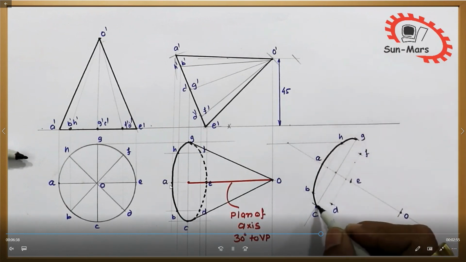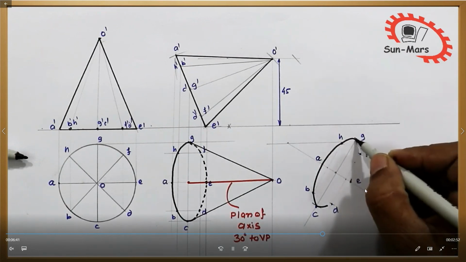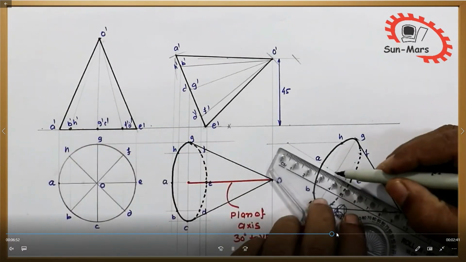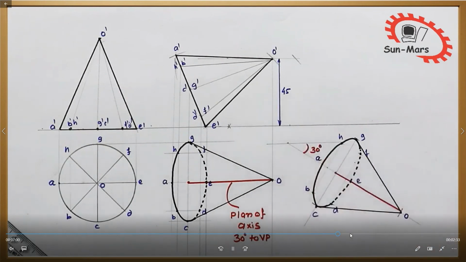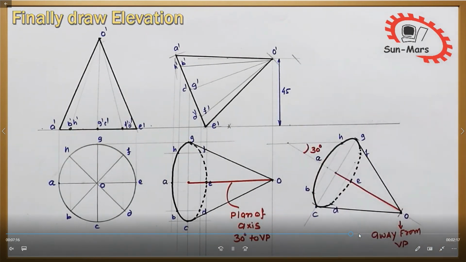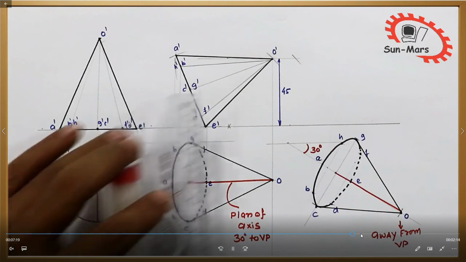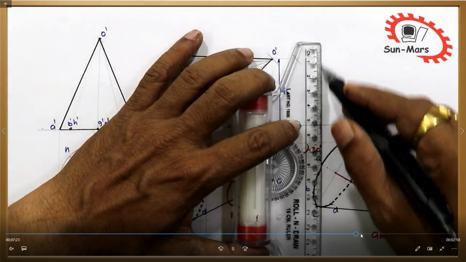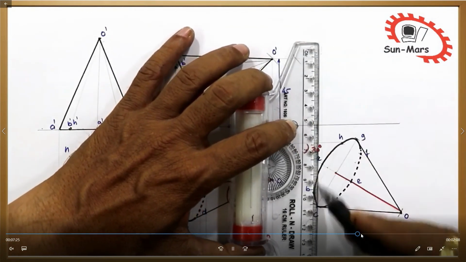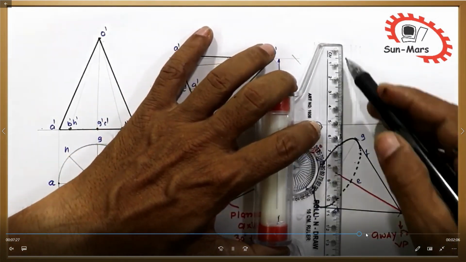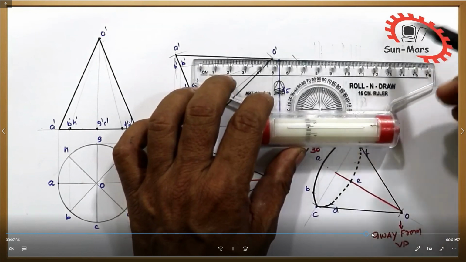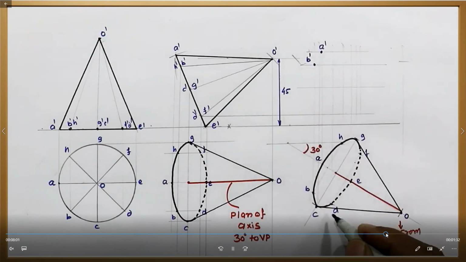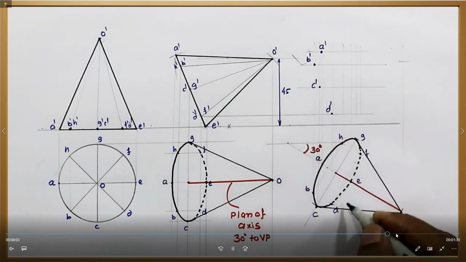Same, whatever the points there are in the second stage top view, the same points also in this way, 30 degrees. And now you extend the points here from VP, extend the points in this way. Okay, now you identify the points.